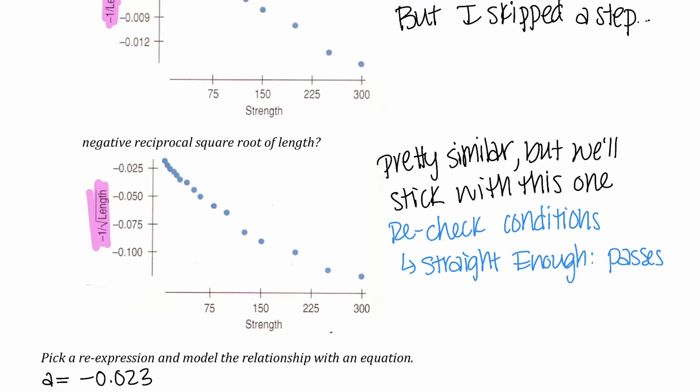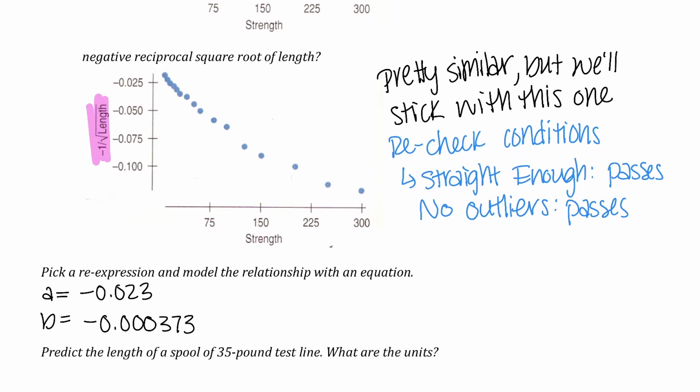All right, look at that scatter plot. It looks good. And then also, we need no outliers. That also passes. Of course, if you're doing this on your own, I would want to see you write out the condition name and then a little sentence next to it. For now, I'm just putting this here so you can see that we rechecked them. Okay, but I'd want to see all that work.